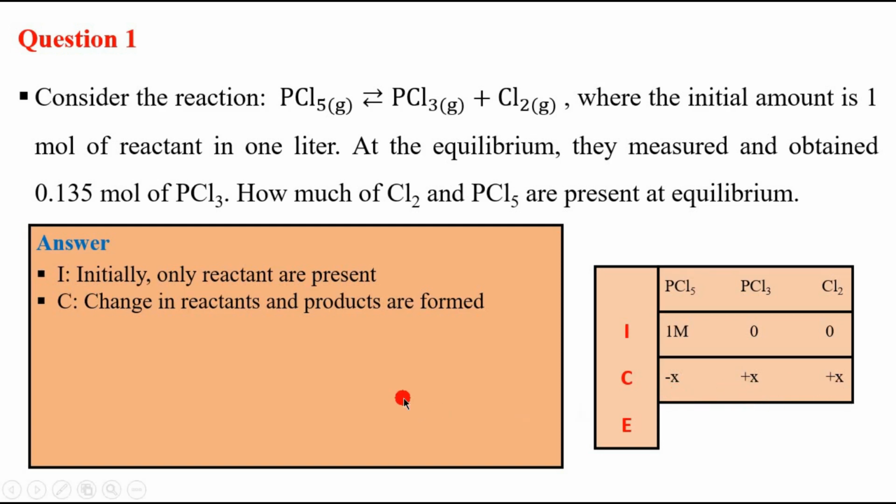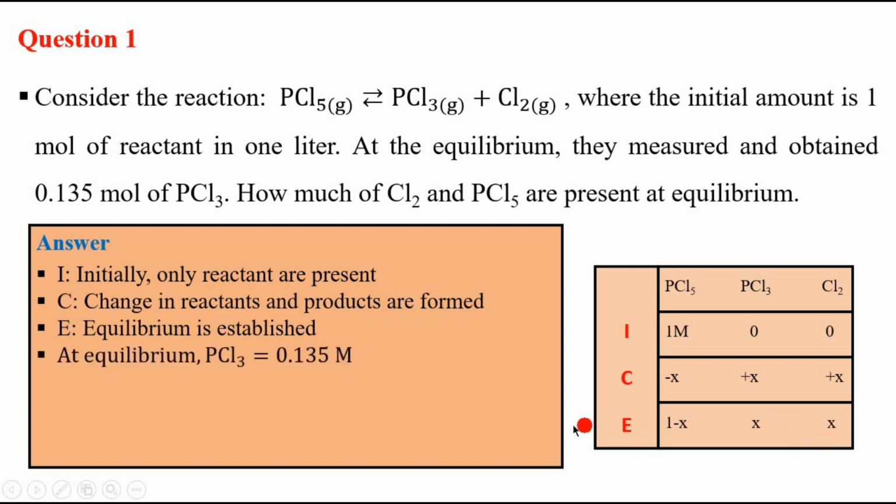Then after equilibrium is established, we have 1 minus X for PCl5, 0 plus X for PCl3, and 0 plus X for chlorine 2.